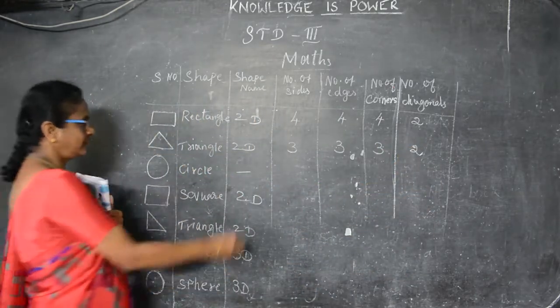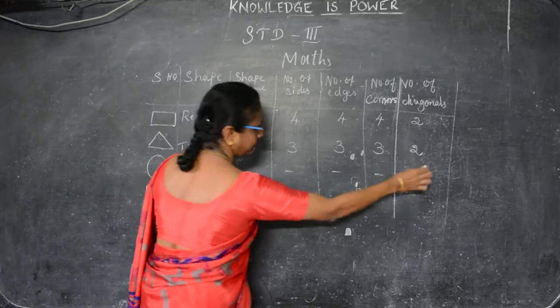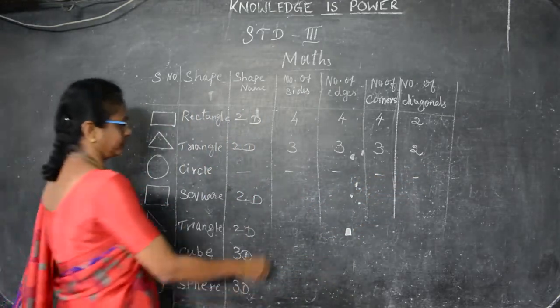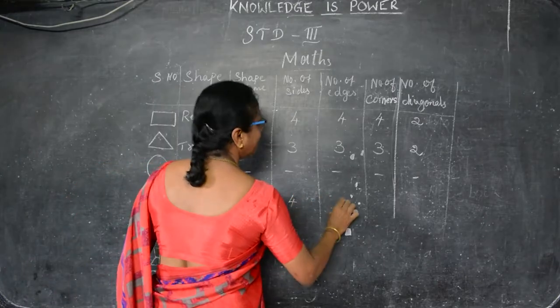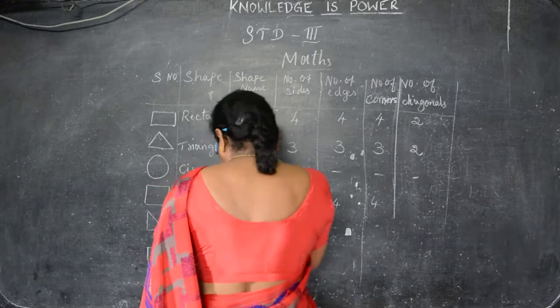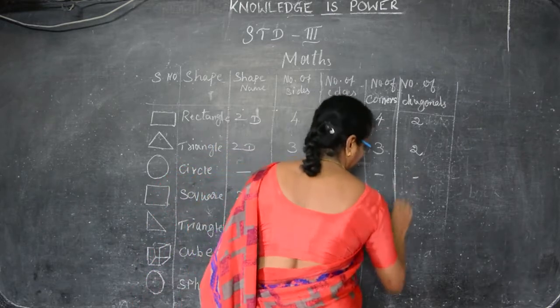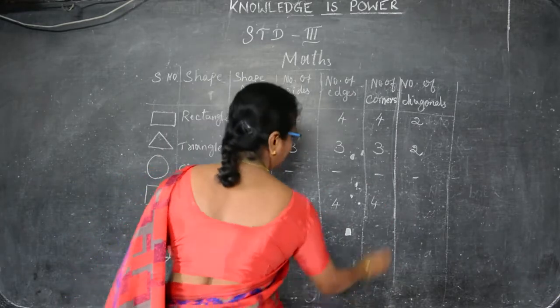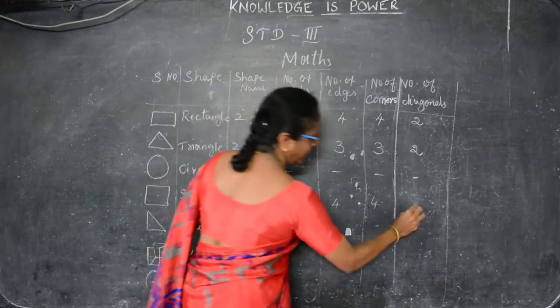And in circle, no sides, nothing. Then square, 4 sides, 4 edges, 4 corners and 2 diagonals.